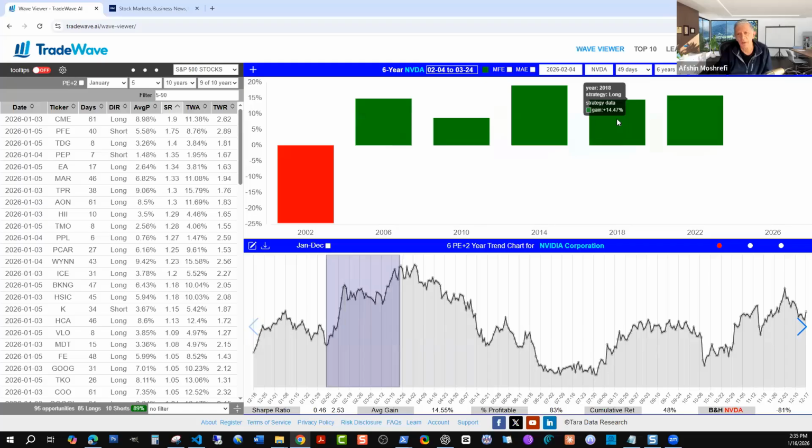Again, look at this, 15, 14, 18, 8. And this is from the 4th until the 24th of March, right at the beginning of spring. So Nvidia could go up sharply during this time.